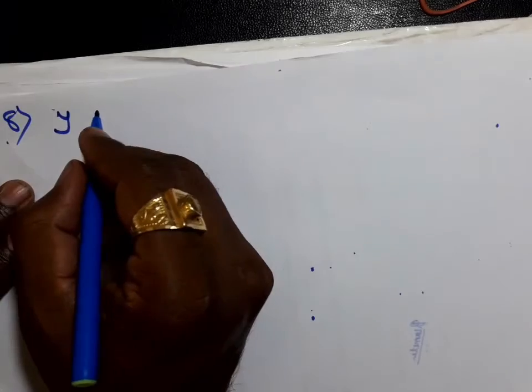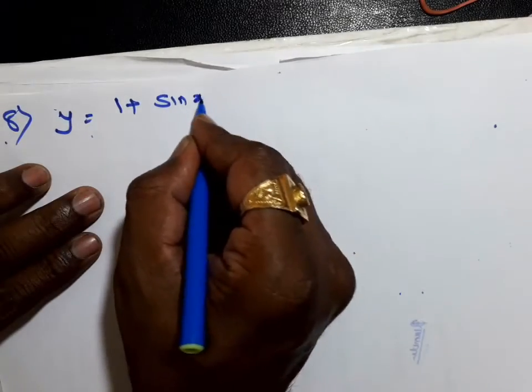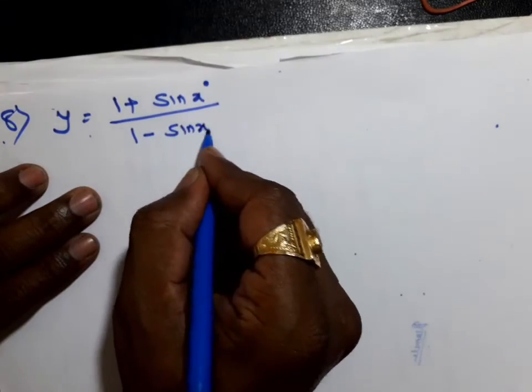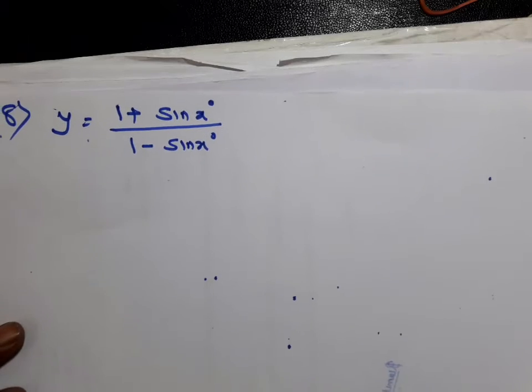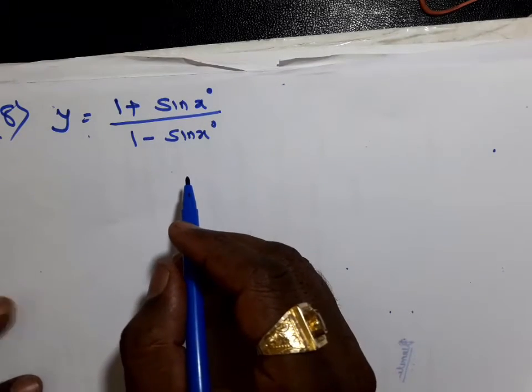Y is equal to (1 plus sine x degrees) upon (1 minus sine x degrees). Dear friends, as I told you, to find a derivative, the base for logarithm must be e and the angle must be in radians.